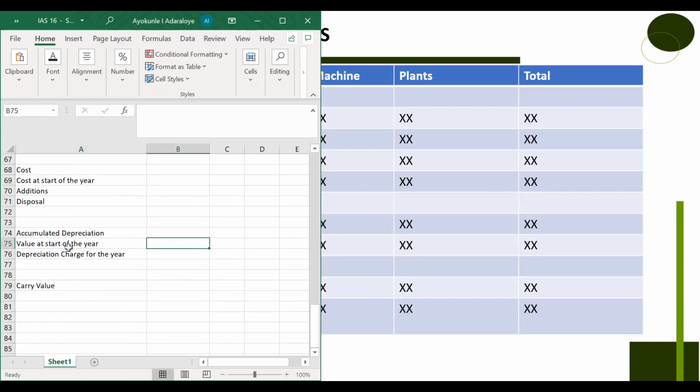This place: depreciation charge for the year. And the final one will be accumulated depreciation at the end of the year. Then we'll have carrying value at the beginning of the year and at the end of the year.